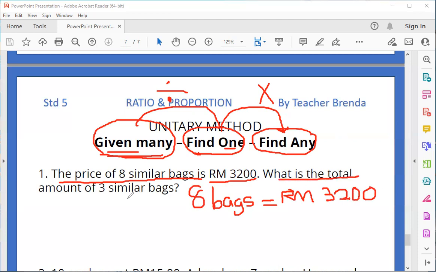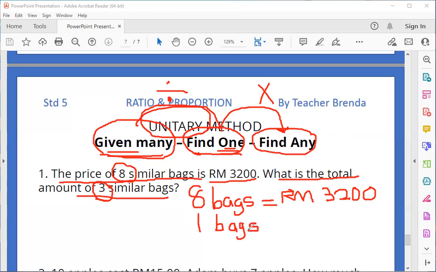What is the total amount of 3 bags? From 8 bags, they want you to find 3 bags. But before you can find the 3 bags, you find 1 bag. That's why this is called the unitary method. You find 1 bag first.